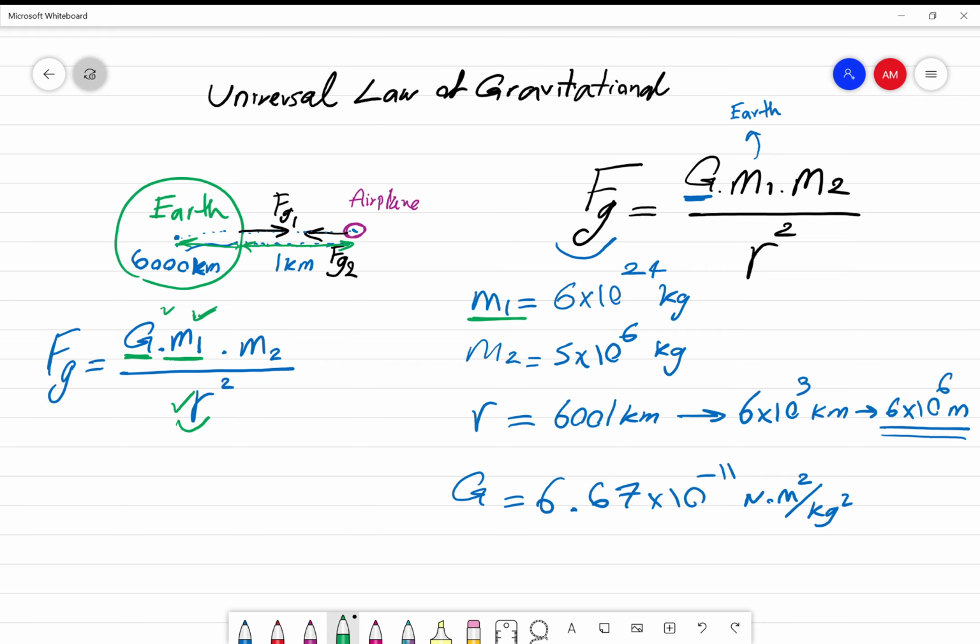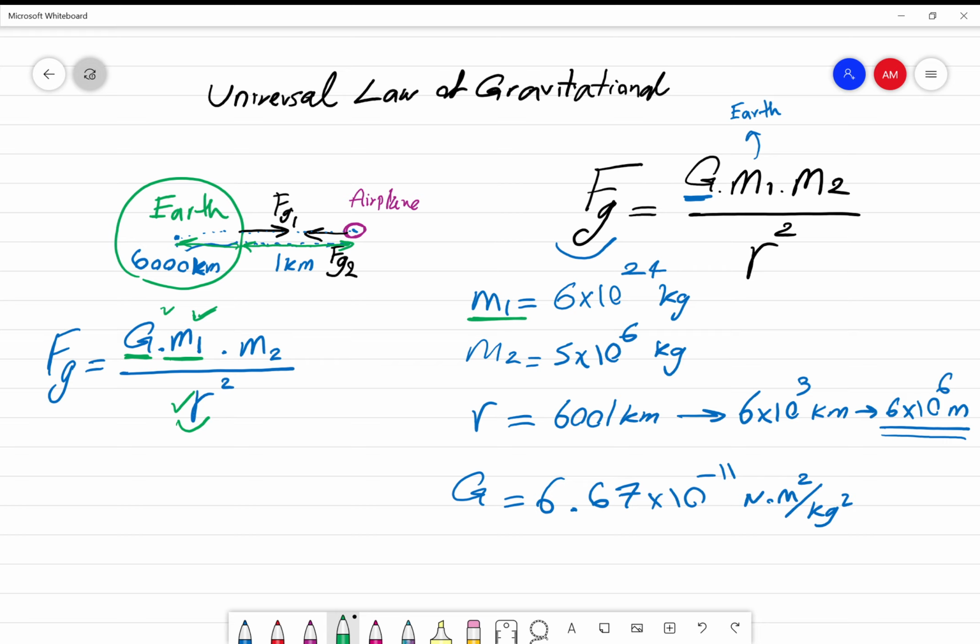Remember, distance means center to center. So center of Earth to the center of you, center of your body. How much is that distance? 6,000 kilometers, which is the radius of Earth, plus something. Correct? What is that something? Give me a rough estimation. Do you understand my question?